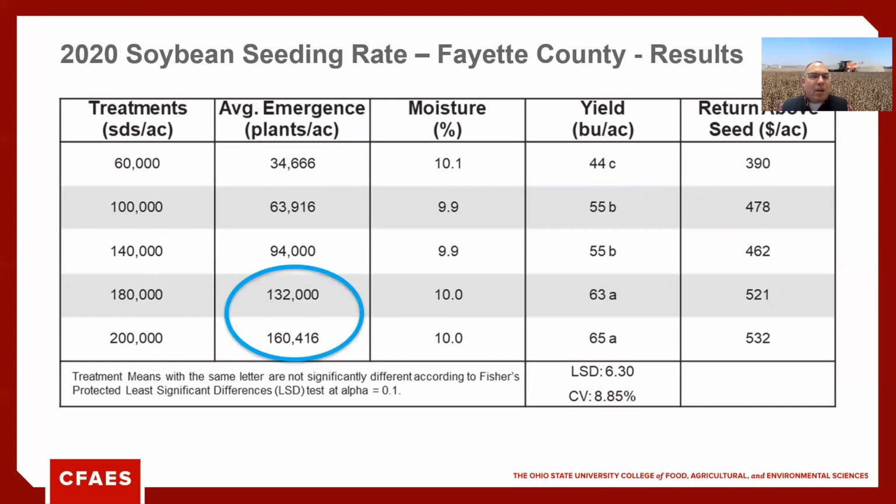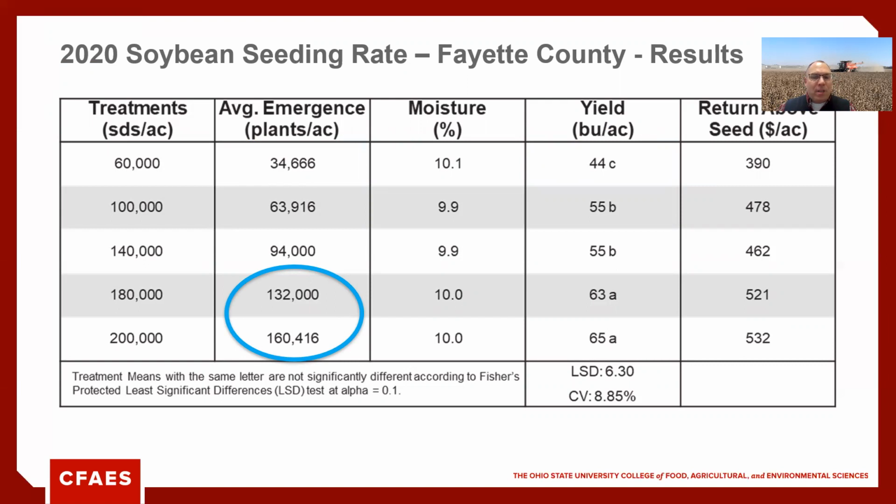But as you look at our seeding rates here at 132,000 to 160,000, and compare that to some of the other research projects in the eFields book for 2020, a lot of those had their highest returns above seed costs around that 130 to 160,000 seeds per acre. As you can see here in our project, even though we were shooting for 180 to 200,000, I'd look at the actual plants that emerged.